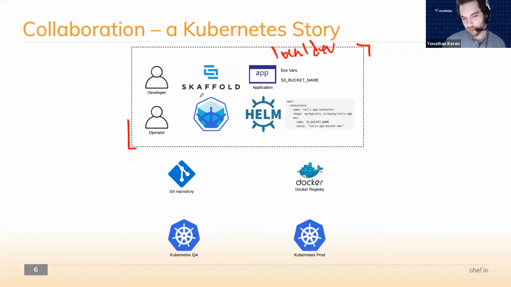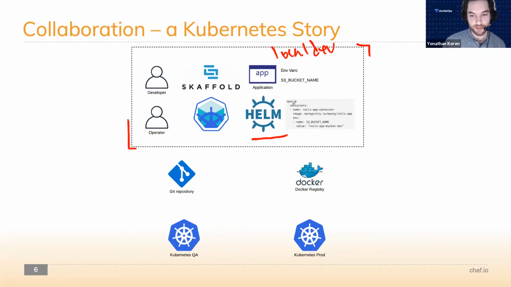So there is actually a tool called Scaffold for Kubernetes that allows you to run Helm charts on Minikube, which is just a localized Kubernetes cluster that can run on your laptop. And so the developer doesn't have to then throw things over the wall and tell me, hey, you need to render this S3 bucket name environment variable using Helm. They can literally do that themselves and they can validate it.